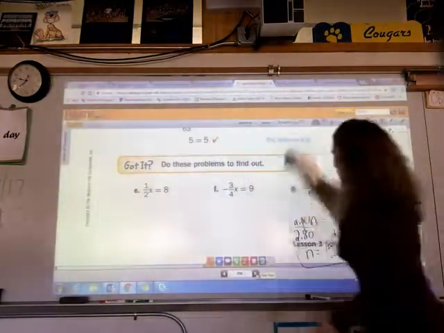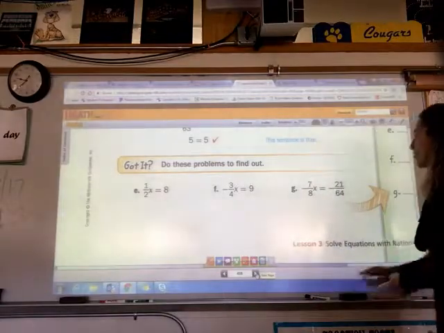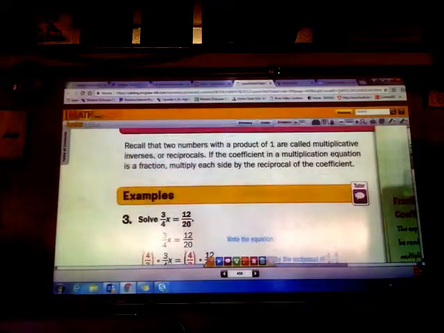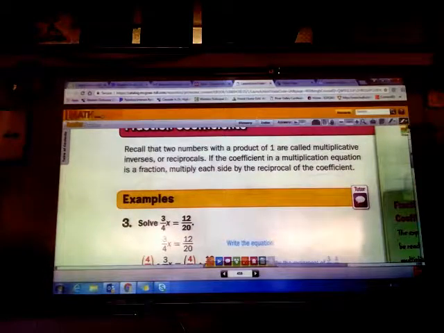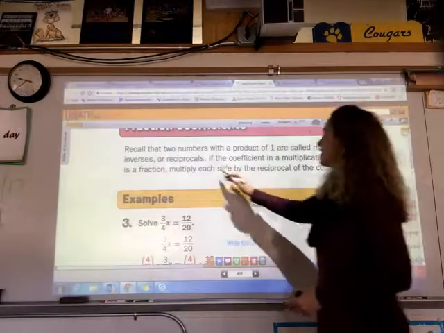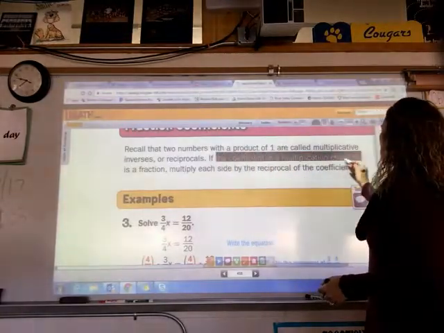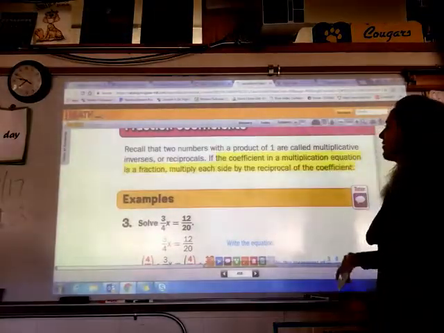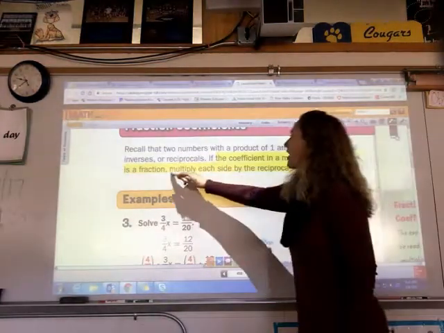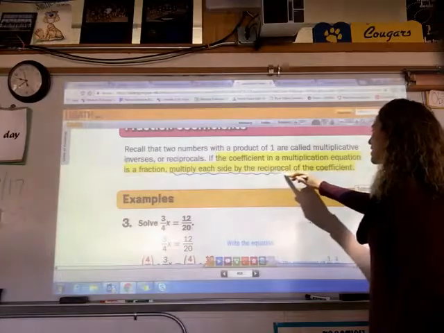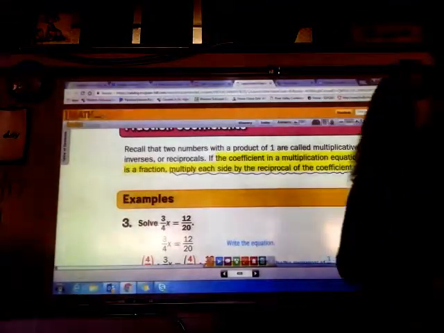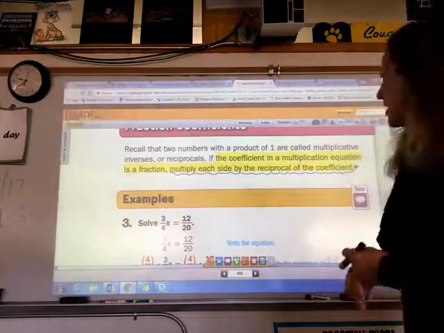The next page is going to focus on fractional coefficients. Okay, fractions are a little bit different. A couple things that you're going to want to remember here: if your coefficient in a multiplication equation is a fraction, you have to remember that you need to multiply each side by the reciprocal of your coefficient. So fractions are a little bit different than whole numbers and then decimals.